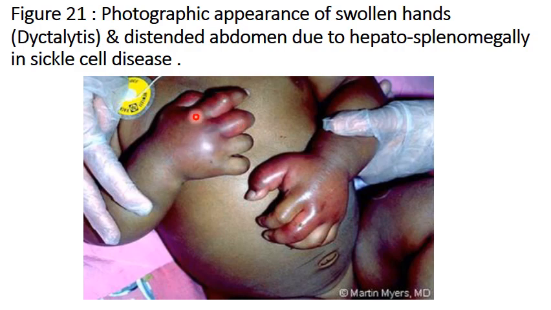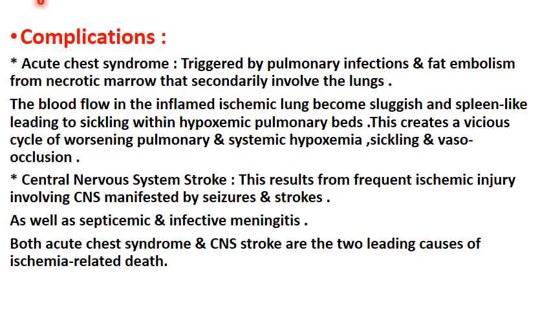Look at this swelling because of the occlusion of the blood vessels in the bone. My God. And the distended abdomen is also because of hepatosplenomegaly. Look at the color of the skin of the patient, because we say that sickle cell is more common in the black race than in other races. Complication: acute chest syndrome.